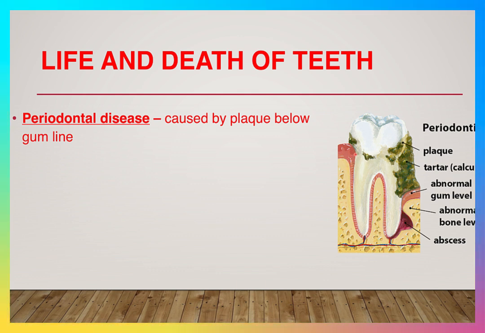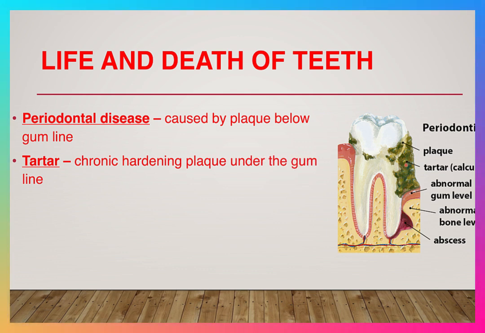And this inflammation below the gum line, which is shown here, leads to what's known as periodontal disease. Now, perio means that it's beside the tooth itself and causes the inflammation in this area, and the gum actually recedes from the tooth, and eventually you can lose the tooth because of this problem.